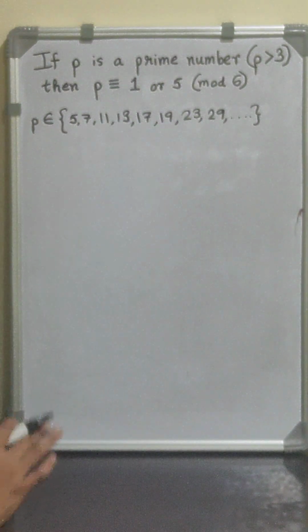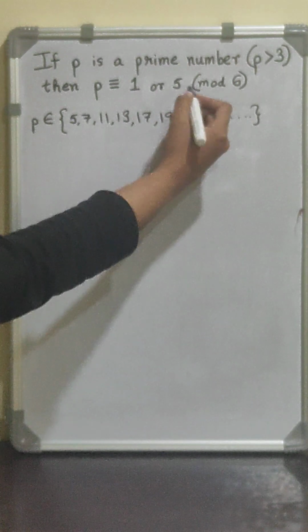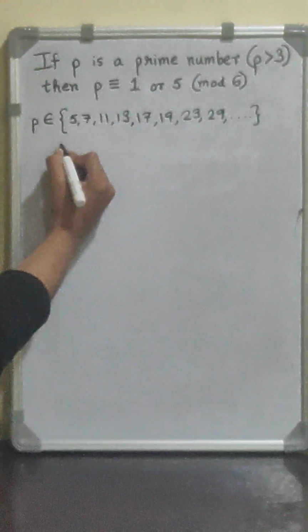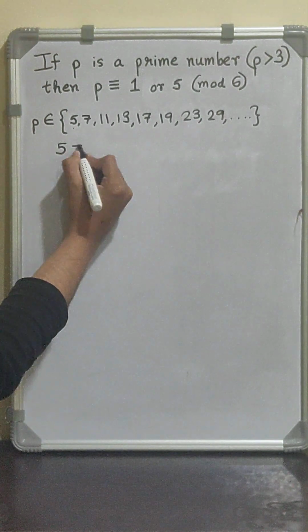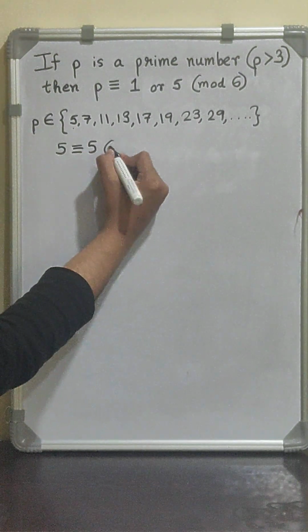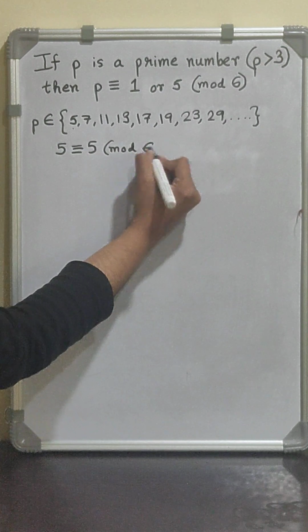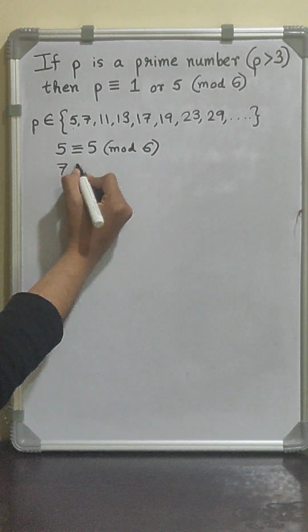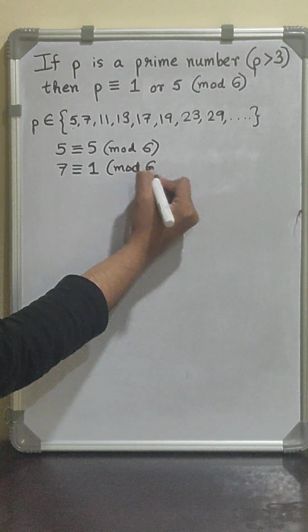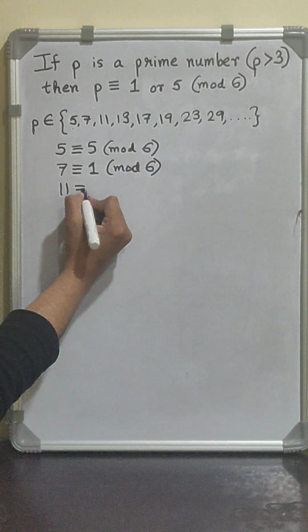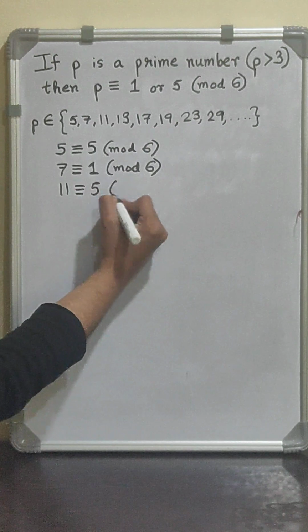This is similar. But then I have something to prove with mod 6, so I can just start taking individual values of p. So 5 is congruent to 5 mod 6. 7 is congruent to 1 mod 6. 11 is congruent to 5 mod 6.